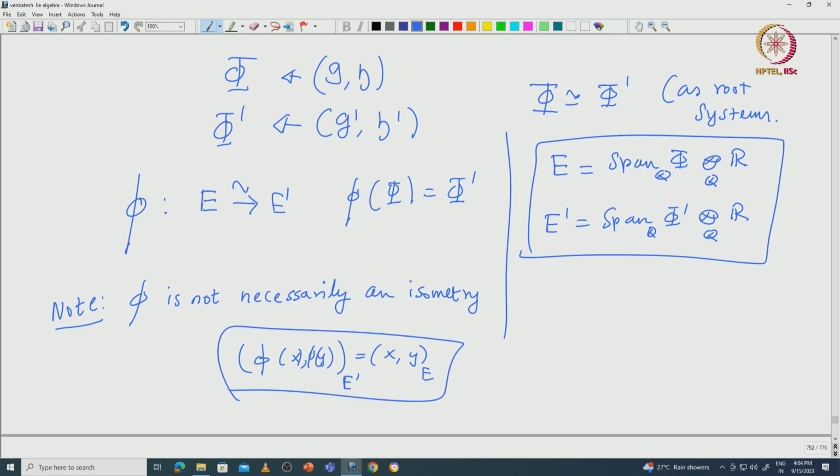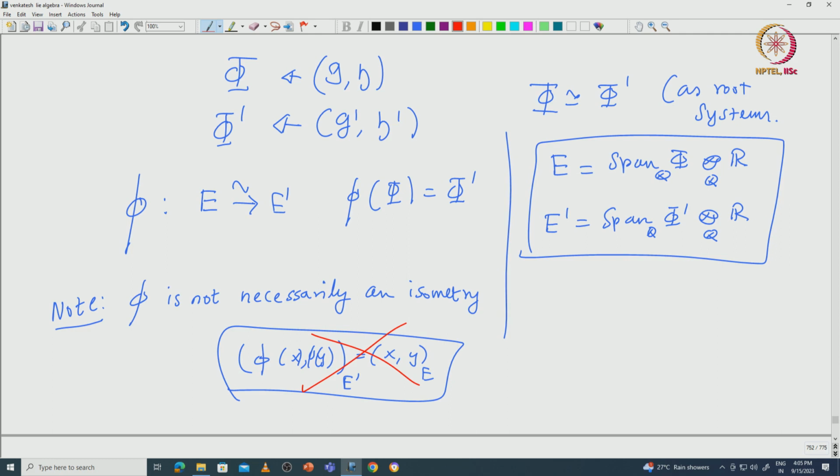This may not be true, but note that if you go back to the axioms of root system, scaling the inner product does not really affect the axioms, because the axioms involve only reflections and Cartan numbers, which will not get affected if you replace the inner product by some positive multiple of that inner product.